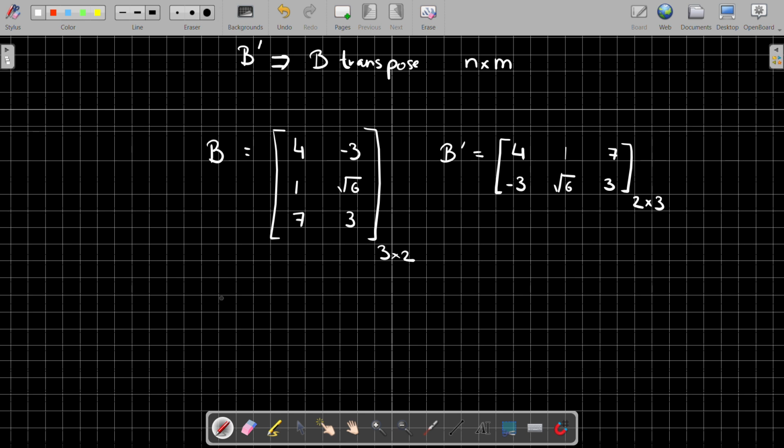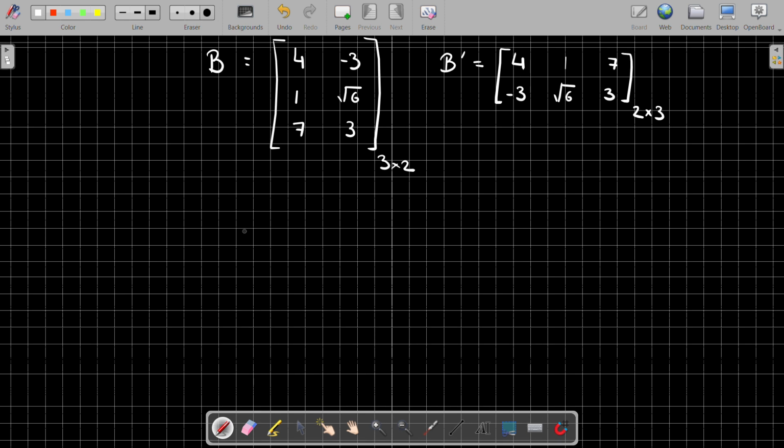So this is how a matrix is transposed. Now there are some properties related to transposes as well. Property number 1: if you take the transpose of a transpose, so B transpose and then another transpose, you will get the original matrix.